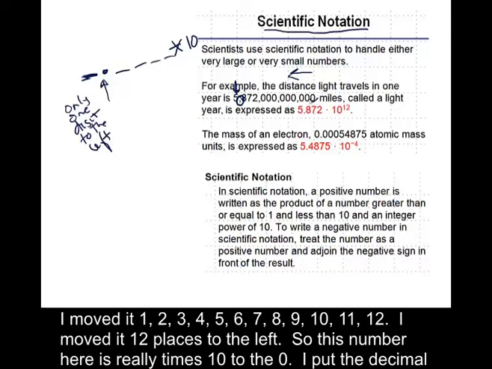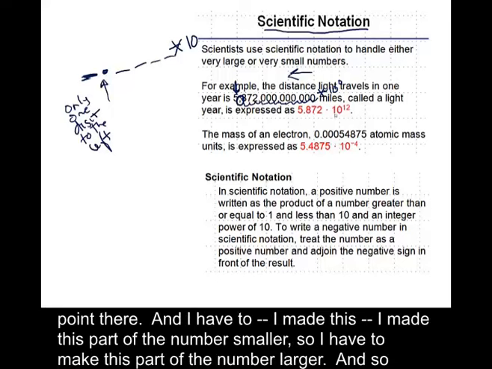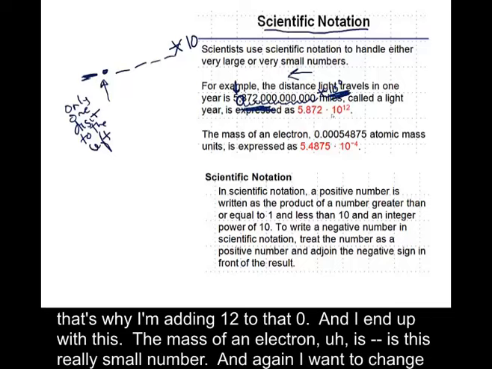I moved it 1, 2, 3, 4, 5, 6, 7, 8, 9, 10, 11, 12. I moved it 12 places to the left. So this number here is really times 10 to the 0. I made this part of the number smaller, so I have to make this part larger, and that's why I'm adding 12 to that 0, and I end up with this.